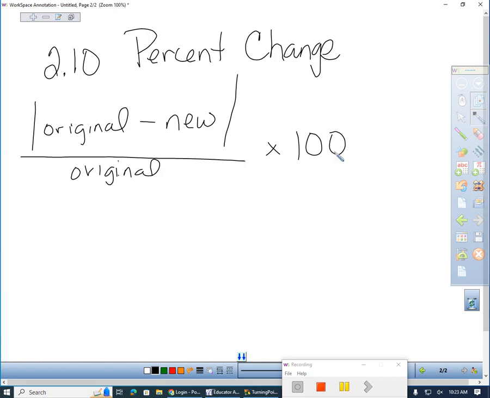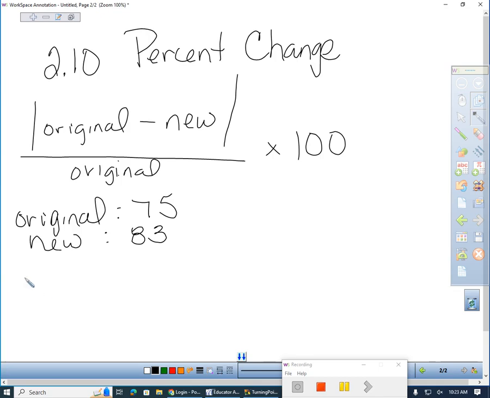So let me show you how this works, okay? Super easy. You guys are going to like today. It's going to give you what the original is. So let's say the original is 75. Then it tells you what the new is. Let's say the new is 83.